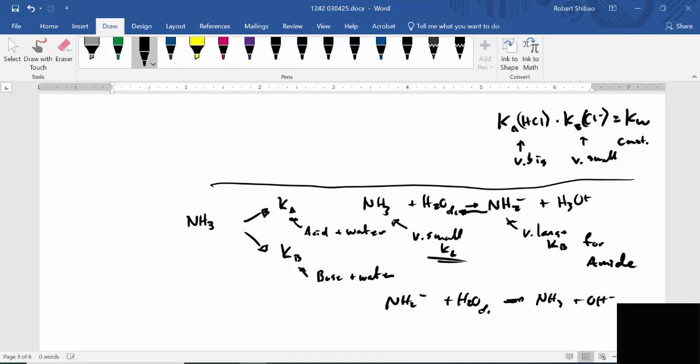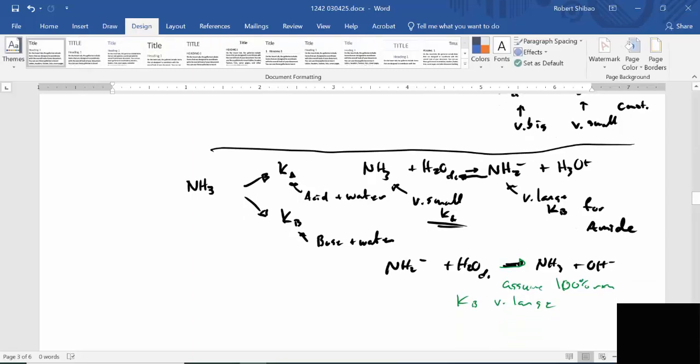And so what we do is we just assume 100% reaction here, because we aren't going to do any calculation. Kb is very large, and there's no very large key on your calculator, so we don't do a calculation for this. We just assume it's 100%. Strong bases produce a lot of hydroxide. Strong acids produce a lot of hydronium. This is the difference between the acids, hydronium and hydroxide.